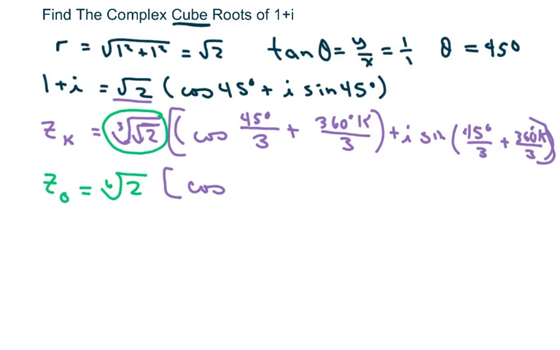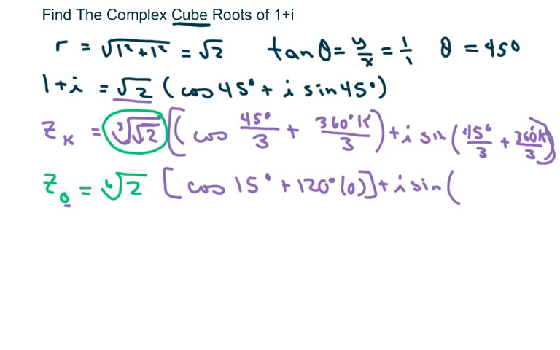cosine of 15 degrees plus 120 degrees. My k is 0. It's 15. What? I can't even write right. Okay, so this is 120 degrees, my k is times 0, plus i times sine of the same thing.